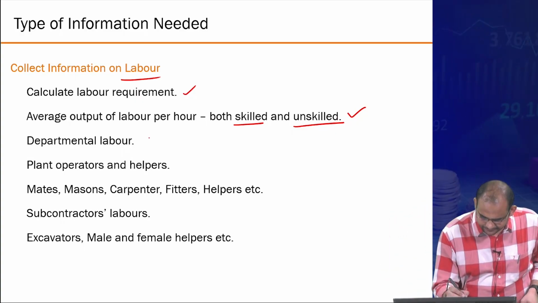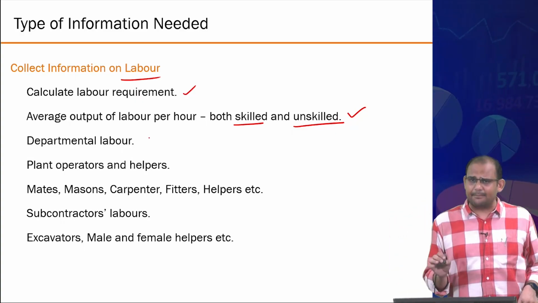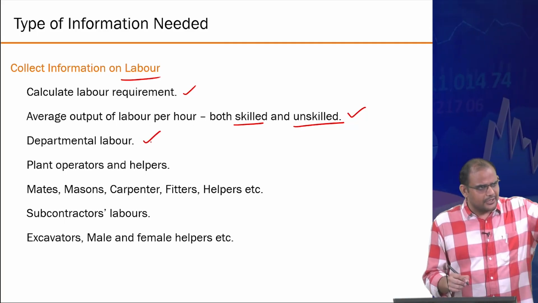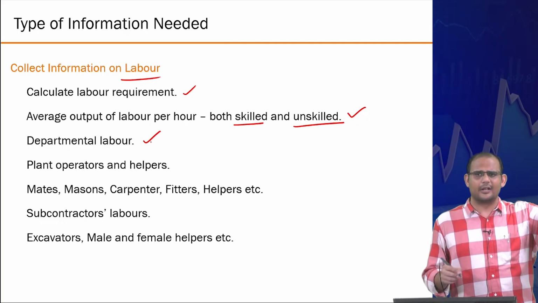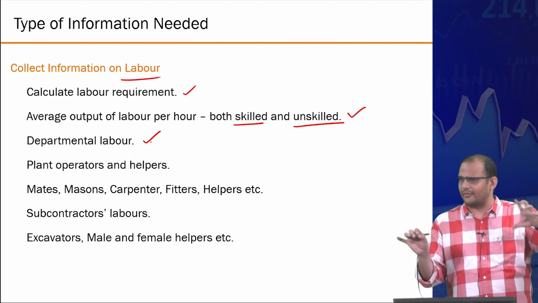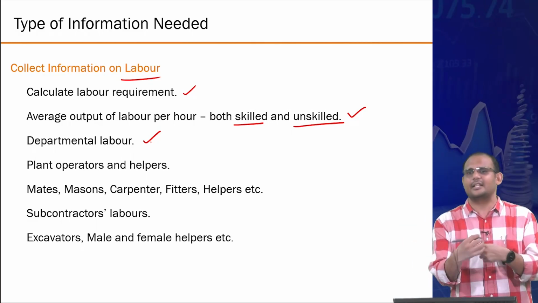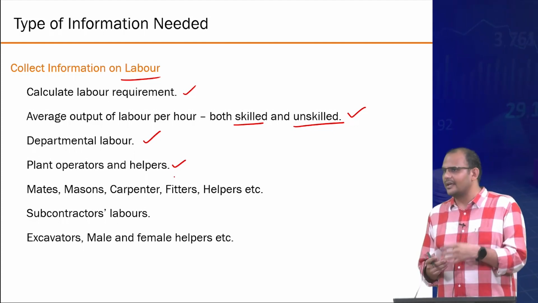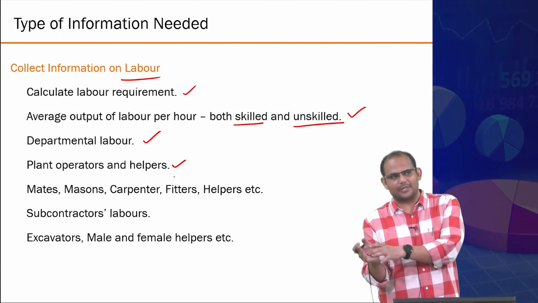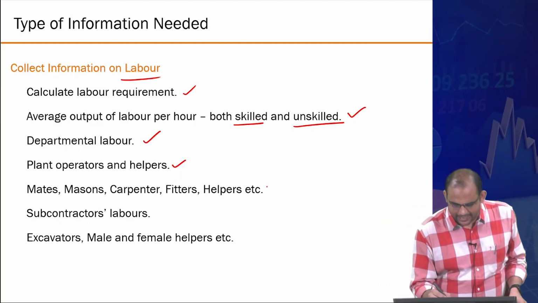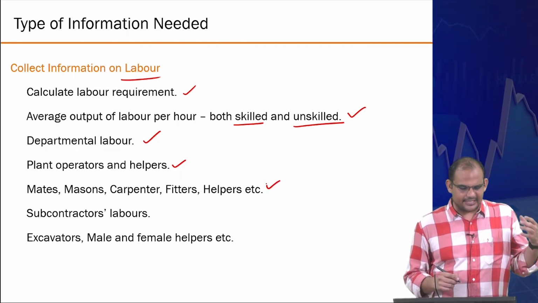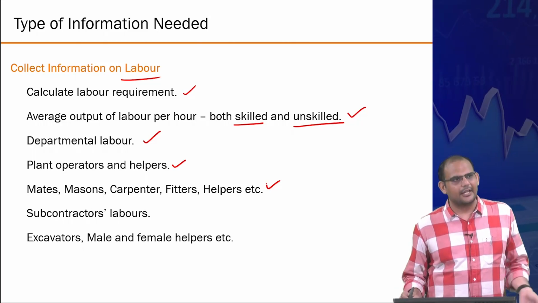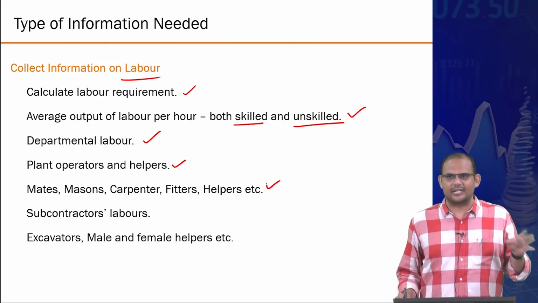Then there are laborers of different types. There are laborers in individual departments who are just needed there for checking, approval, or some sort of supervision, sometimes just guidance that okay, this is happening. You have plant operators and helpers who are taking care of a particular machinery, things like that. You have different types of masons, carpenters, fitters, helpers. Then you have subcontractors' laborers who are coming on your site.